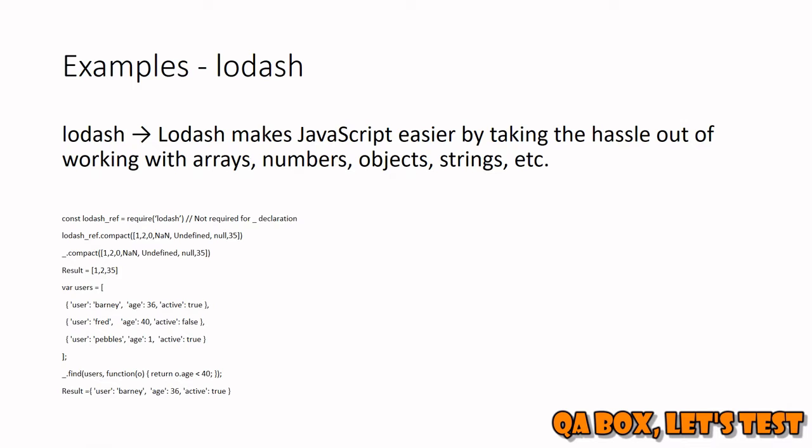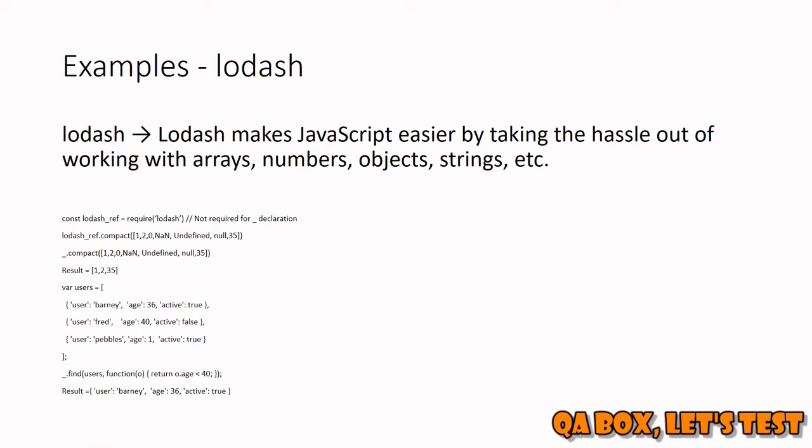The next case is the find method. Underscore find method. So what does this function do? You have an array of objects, and with the help of this find function, you pass in this array, and you have written a function through which you find all the objects whose age is less than 40.